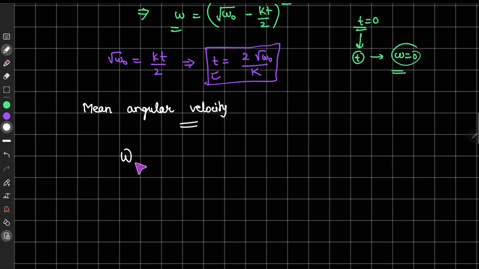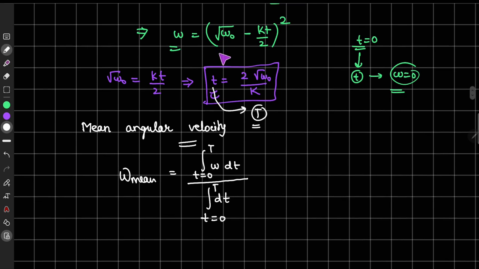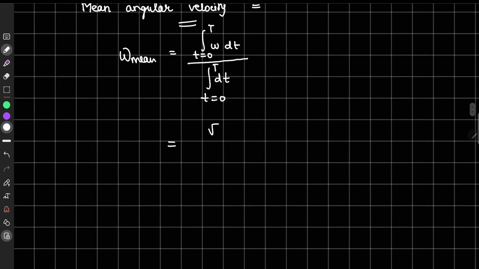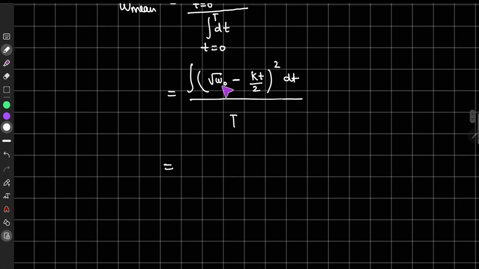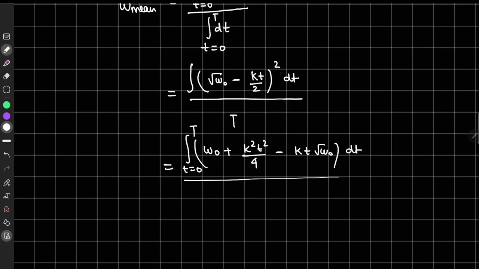We can write omega mean is equal to the integral of omega dt from t equals 0 to capital T, whole divided by the integral of dt from 0 to capital T. Omega is given as root of omega naught minus kt by 2, whole squared. Squaring it first, we can write omega naught plus k squared t squared by 4 minus kt times root of omega naught, integrated with dt from 0 to capital T, whole divided by capital T.